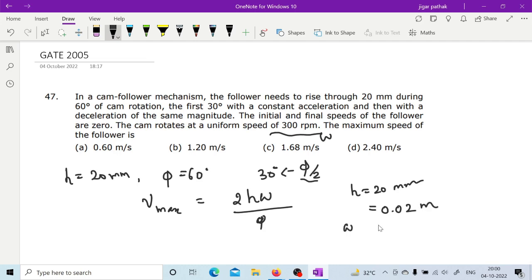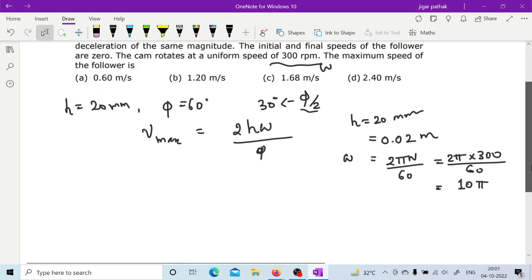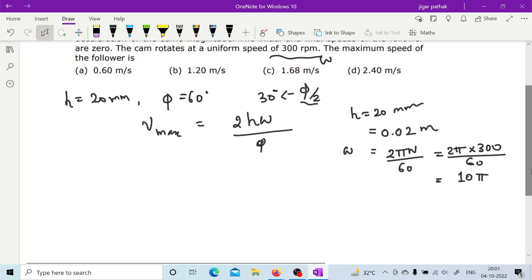Omega you need to calculate, that is 2 pi n by 60. N is 300, so from this you can get omega is equal to 10 pi. Once you get this, h is equal to 0.02 and phi is equal to 60.